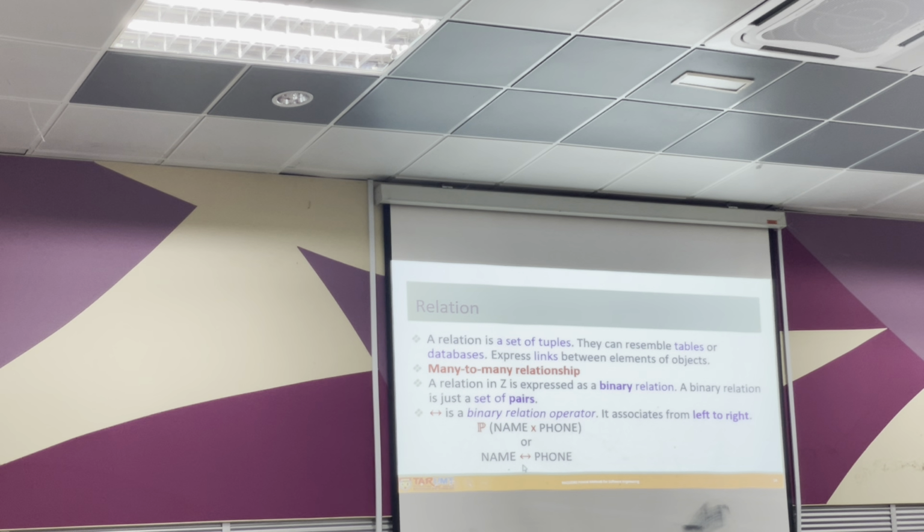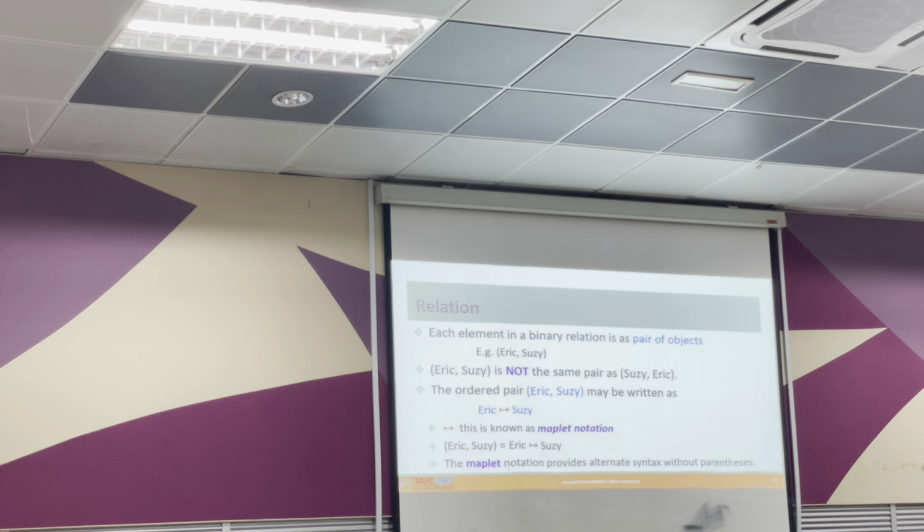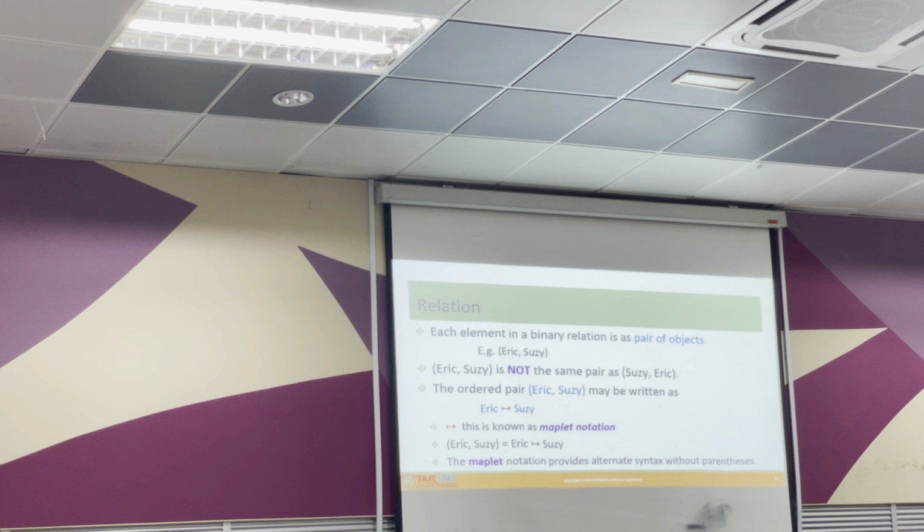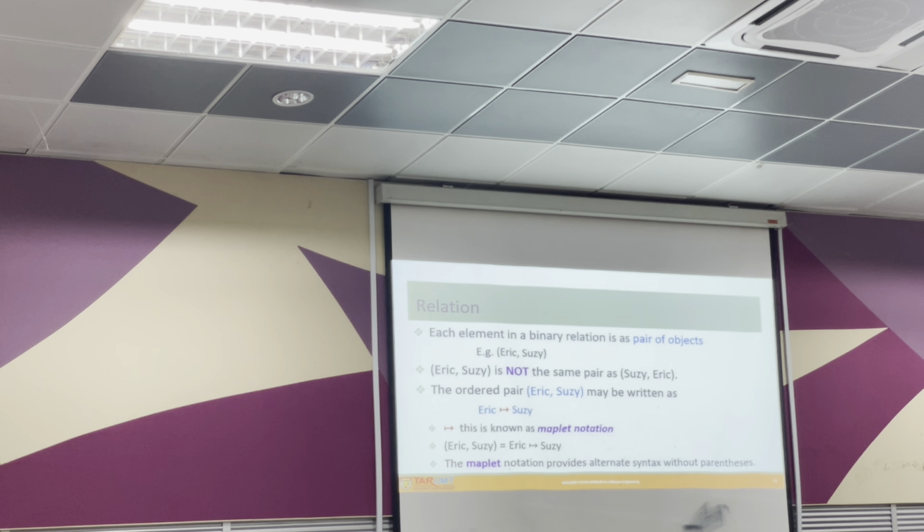But when it comes to maplet notation, you are talking about the data inside your database already. When you talk about data in your database, you don't use the relation symbol anymore. You show the relationship by using maplet notation. The maplet arrow has an arrow here and a line here, so don't get confused with the relation symbol, the double-sided arrow, from just now.